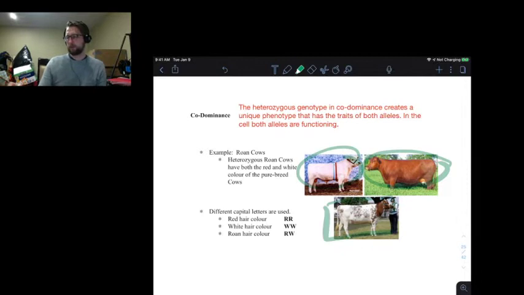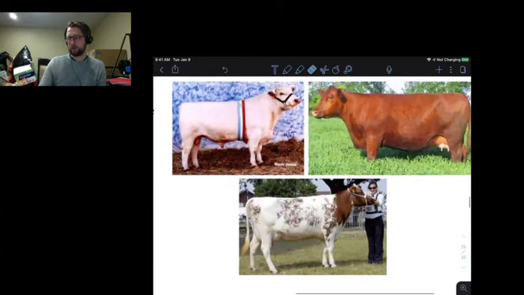So in this case, you can see the red splotching on their head and the white body. They have fur cells that are producing both the red and the white colors, working together, and so both traits are present.